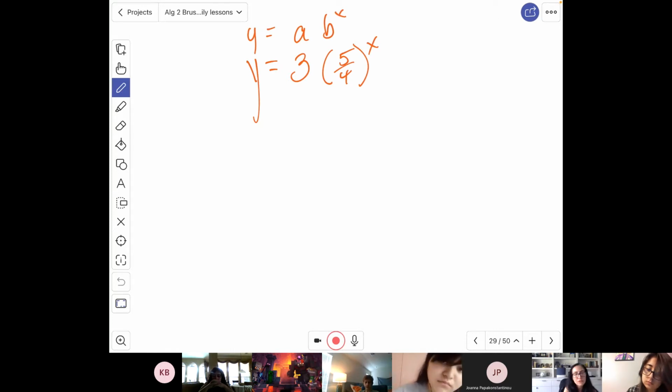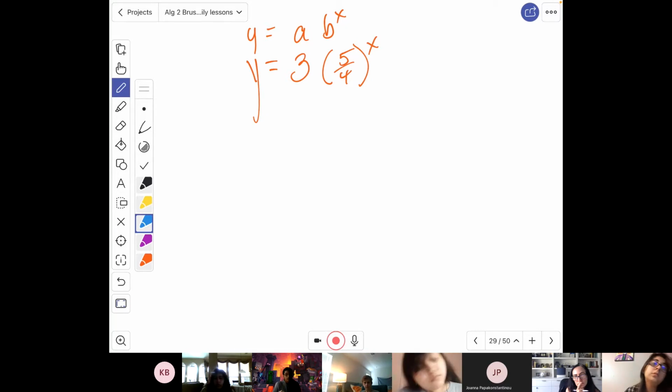Is it growth or decay? Why do you say it's decay? Because it's a fraction. Yes, but it's an improper fraction. I did that on purpose. Isn't that a number greater than 1?